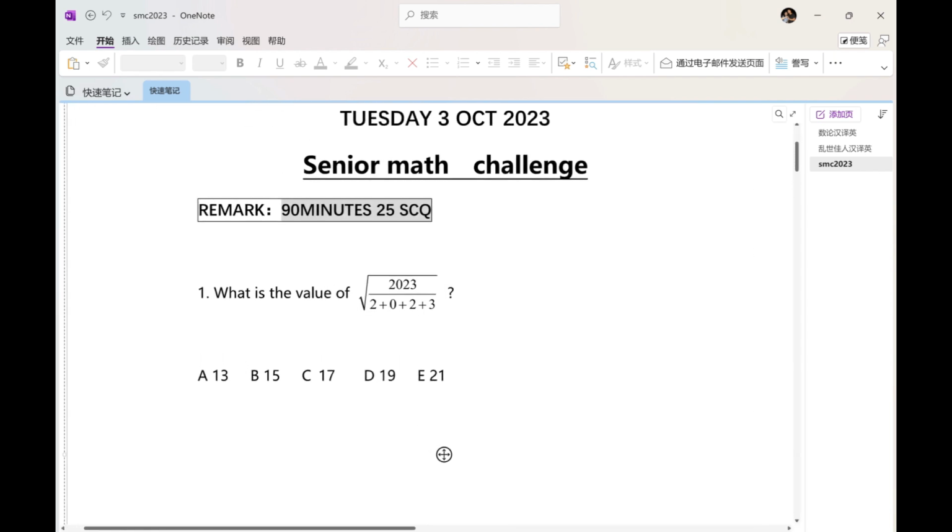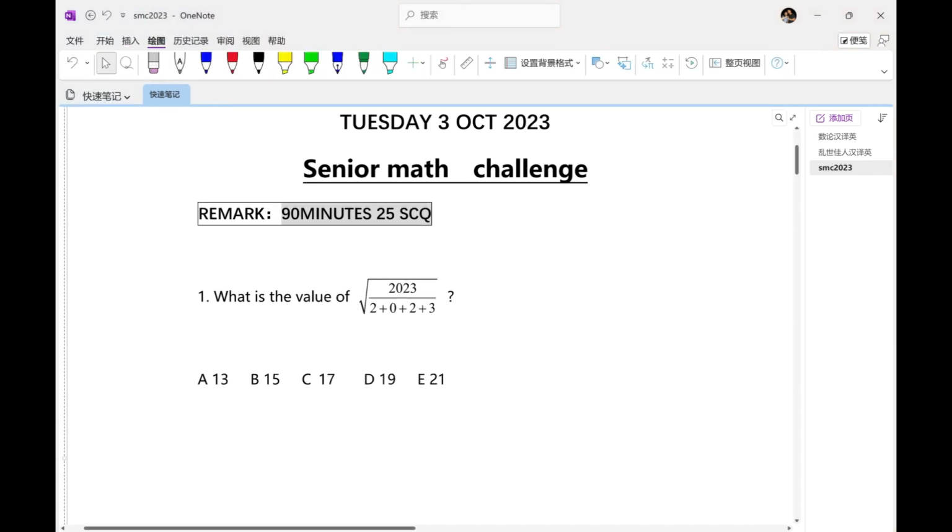What is the value of the root of 23 over 2 plus 0 plus 2 plus 3? This is a question about division. So first, we use the division algorithm.